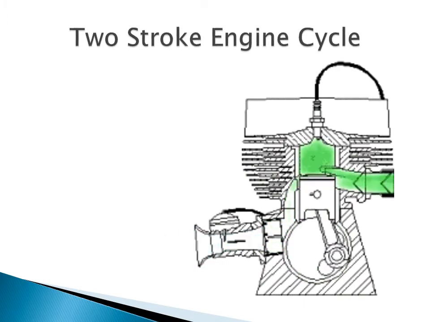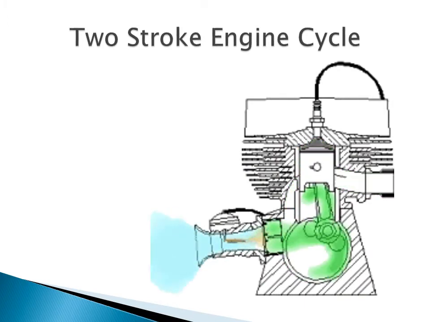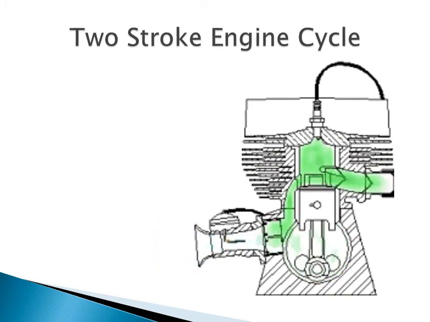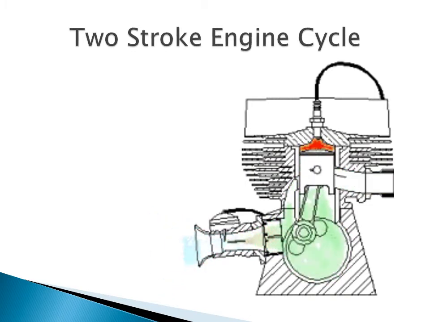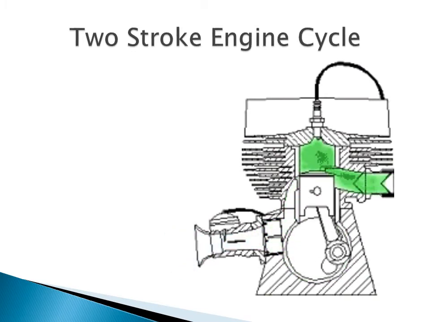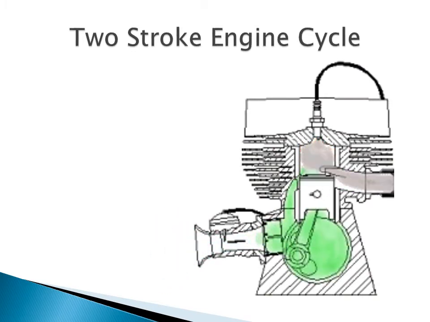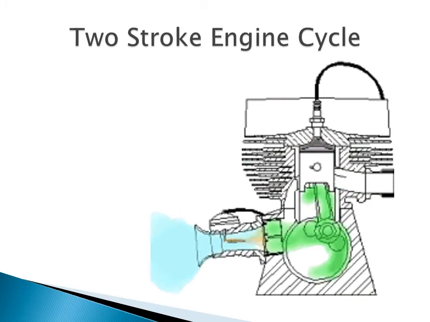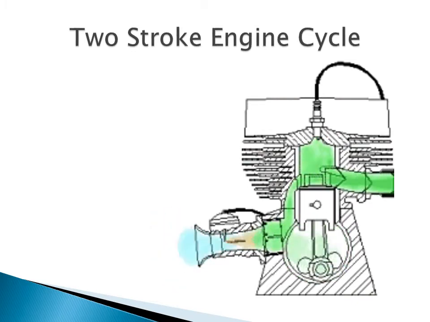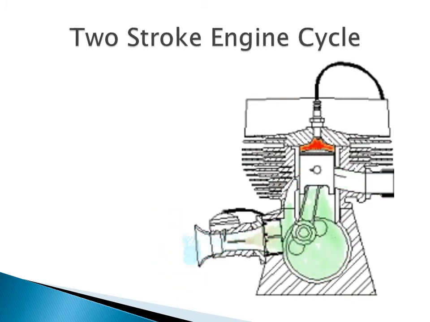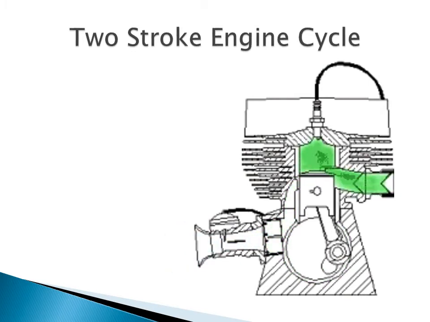And you'll see here how the intake, which is the blue, and the exhaust, which is the gray up in the top right corner, they kind of overlap a little bit, and you get a bit of the fuel air mixture escaping through the exhaust as it comes back into that combustion chamber.